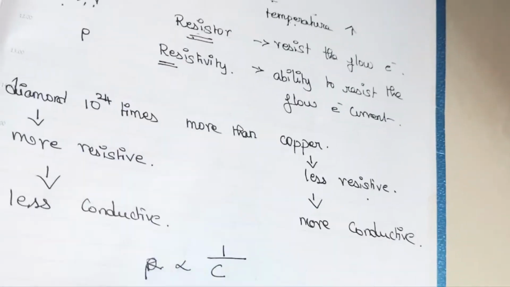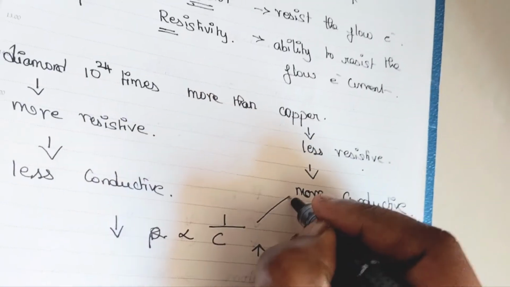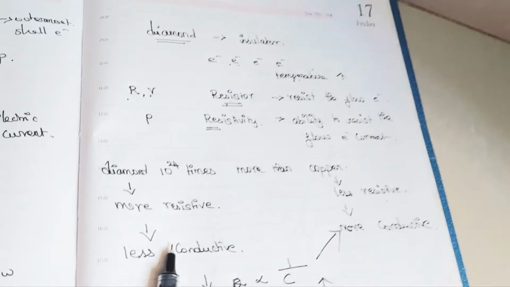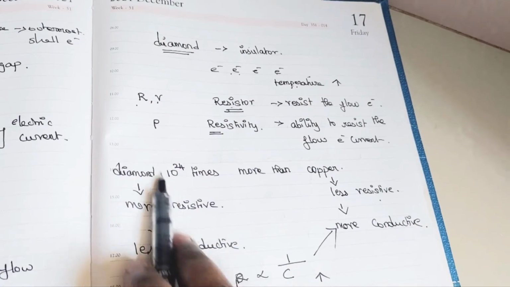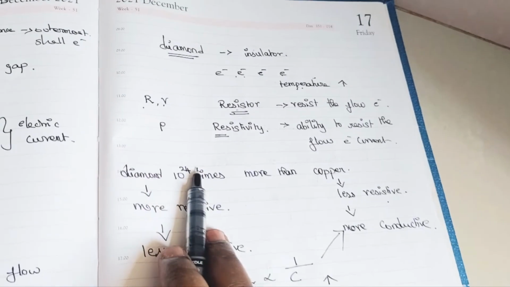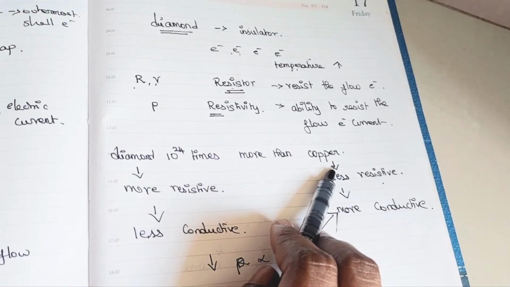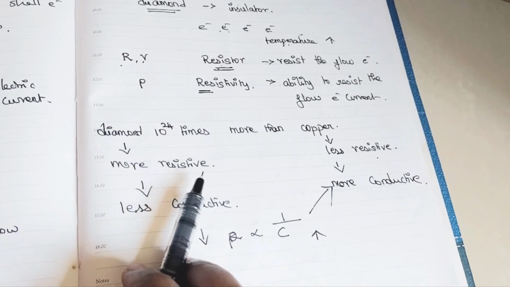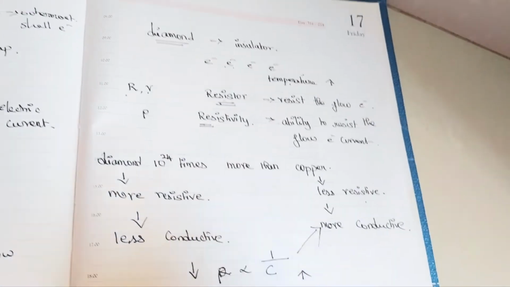Inversely proportional. If conductivity is more, the resistivity is less. Copper is a good example for that. So diamond is an insulator. Are you able to understand why we are saying diamond is an insulator? Because it resists the flow of current 10 power 24 times more compared to copper. If it is resisting more, there is a less amount of electrons, and a very negligible amount of current. So it is not a conductor. So diamond is an insulator.